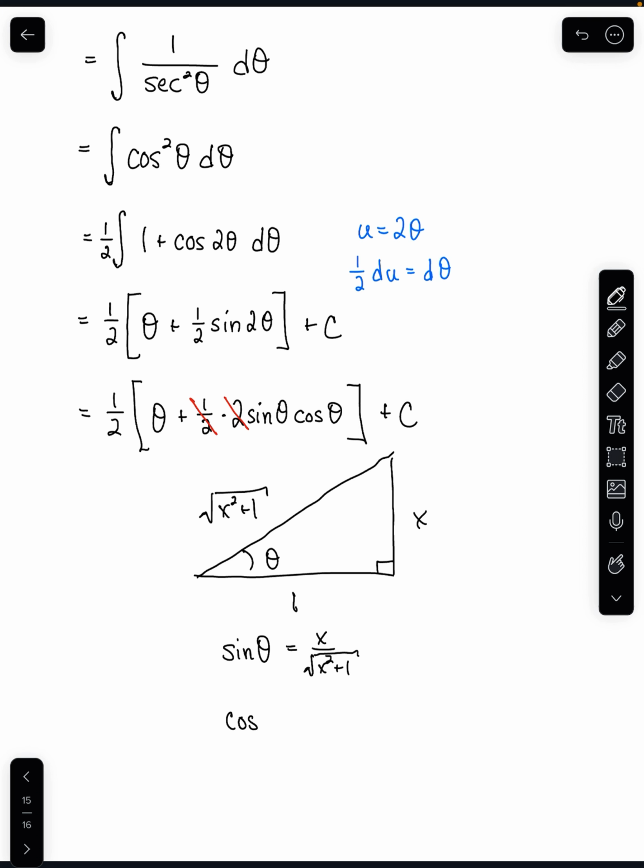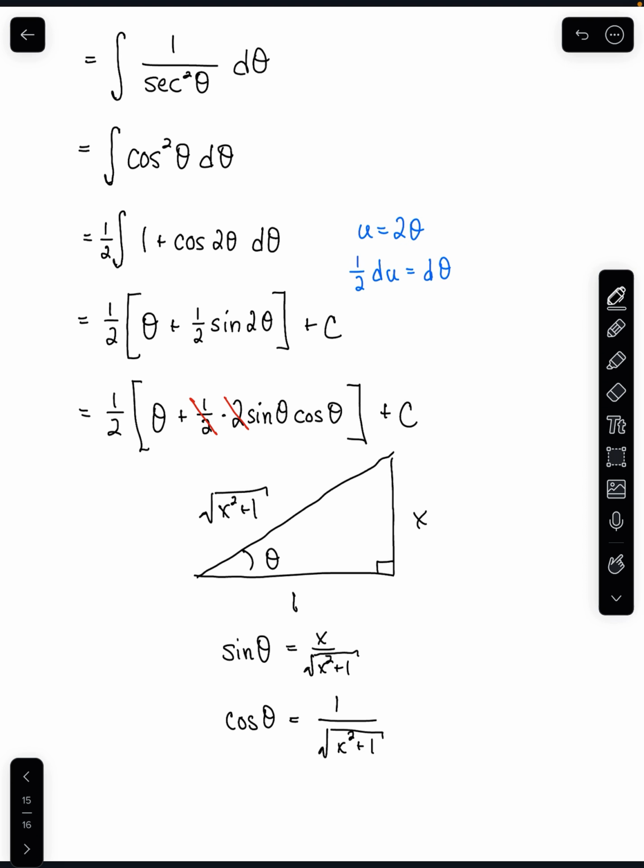And cosine theta is equal to 1 over the square root of x squared plus 1. That gives us two of the components we need to convert this back into the original variable x.